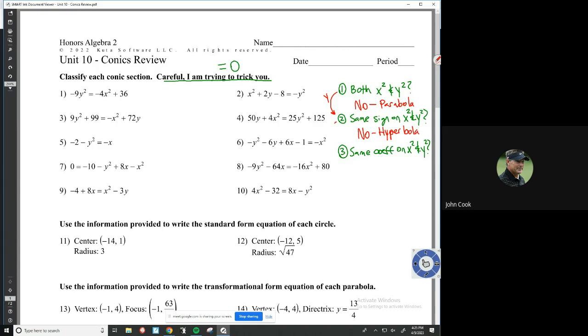If you say yes to that, you move on to the third question. And then the last question is, do they have the same exact coefficients on the x squared and the y squared? If you say no to that, then you have an ellipse. If you say yes to that, then you have a circle. Okay, so there you go. That's how you can classify them.